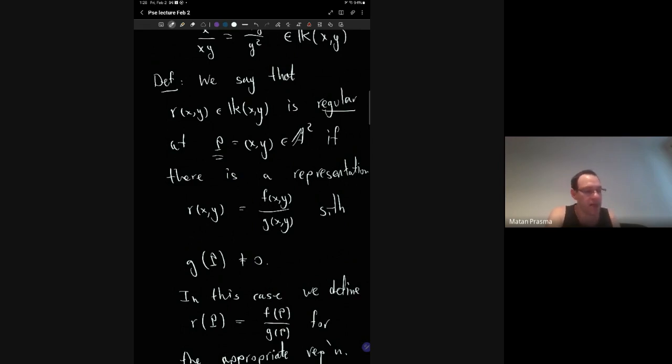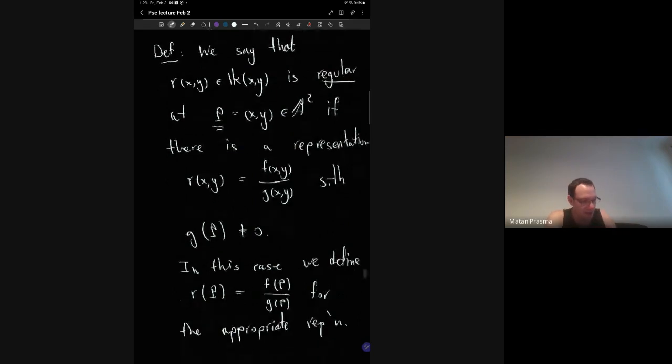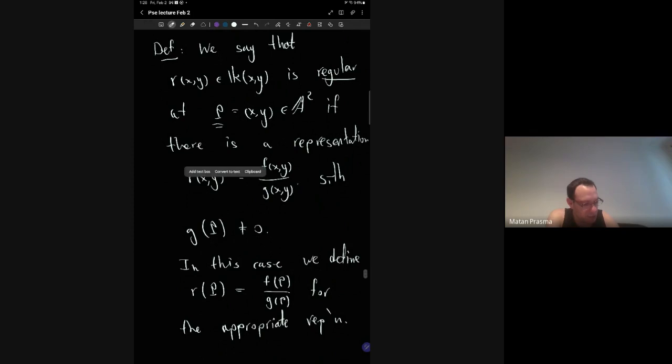Again, what does defined at a particular point mean? It means that there is a representation for which the denominator does not vanish at P. Of course, I can always multiply this representation by, say, x minus y, or whatever polynomial vanishes at P, and then it would not be defined, right?